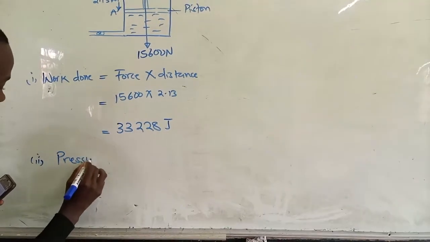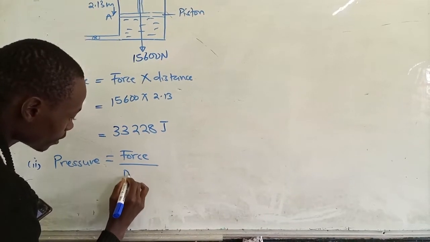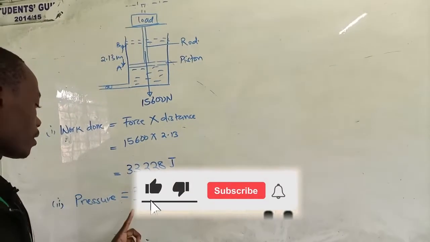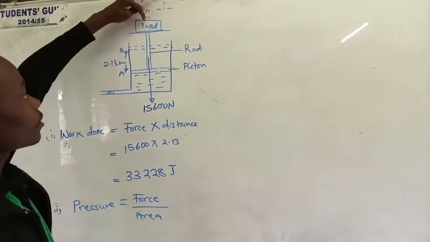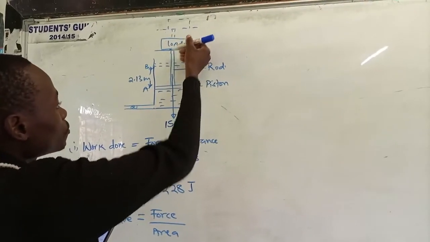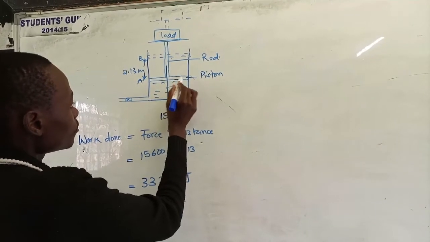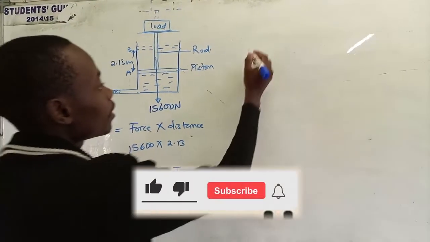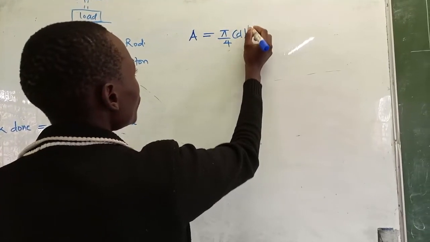Pressure is equal to force out of normal area. The force is still the load or the weight of the car. Now the area to use is all that we have to sort out. When the load is applied on top here, that weight is in contact with the fluid through this base of the piston. So the area we shall use is the area of the piston. And area is pi out of 4 d squared.